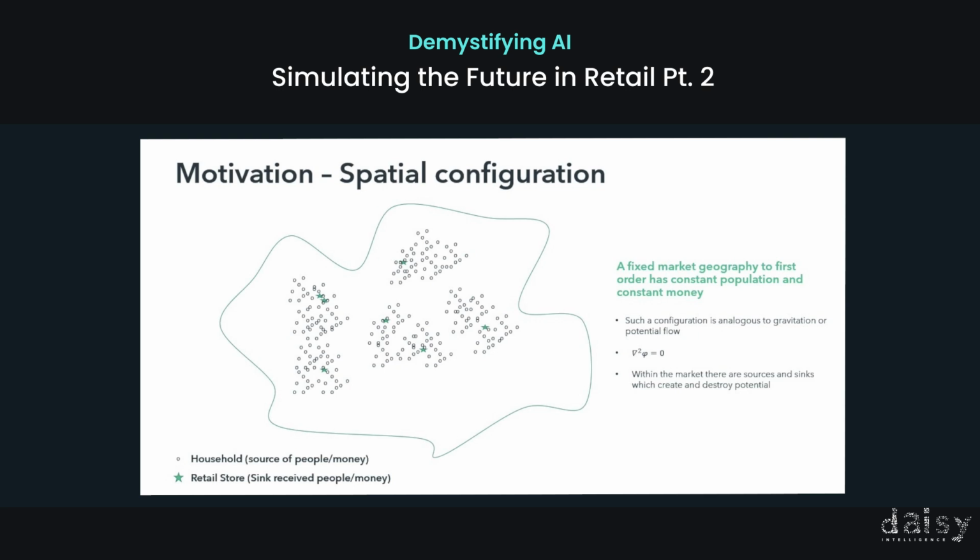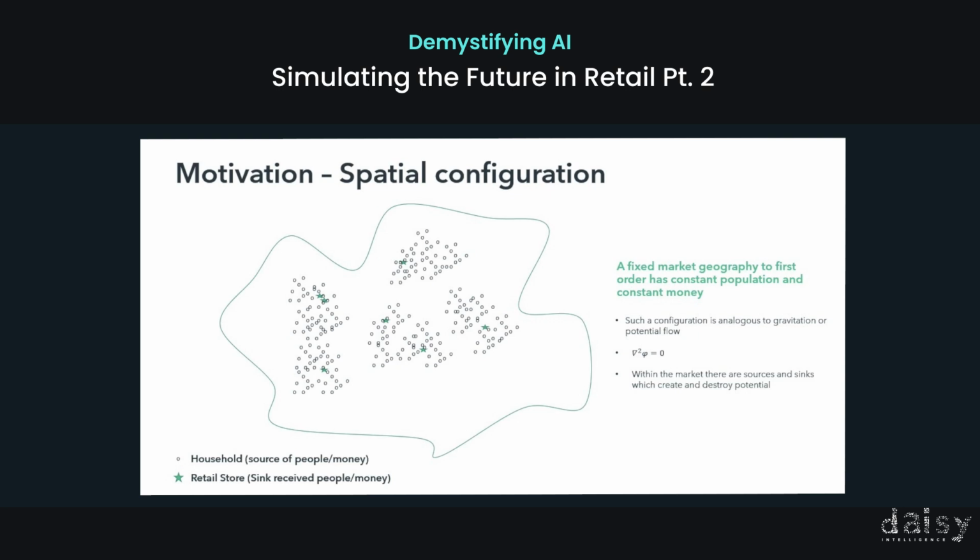This is analogous to gravitation or a potential flow scenario, which is Laplace's equation, del squared phi equals 0. If we treat the stores as sinks, that they suck in flow, and the households are sources of people and money, then people take their money from a source and go to the sink and spend their money in store.